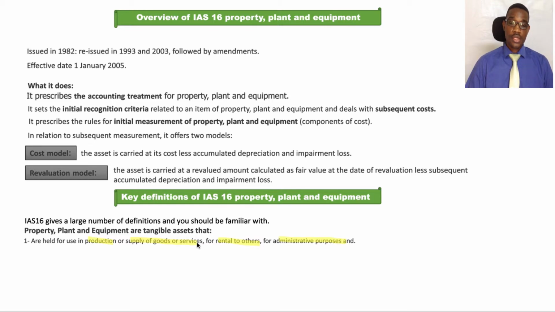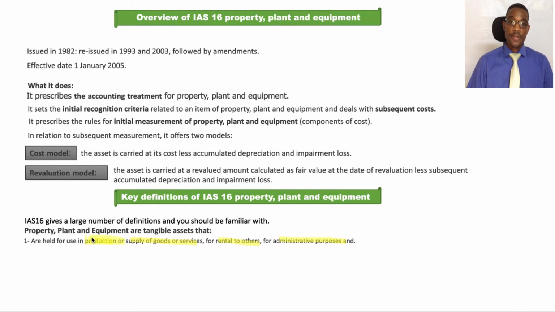It means, in order for you to classify your asset as fixed assets or the property, plant, equipment item, you should ask yourself for what you are going to use this asset. If you are going to use these assets for the production, it's okay.